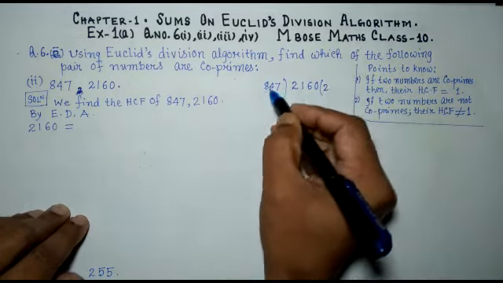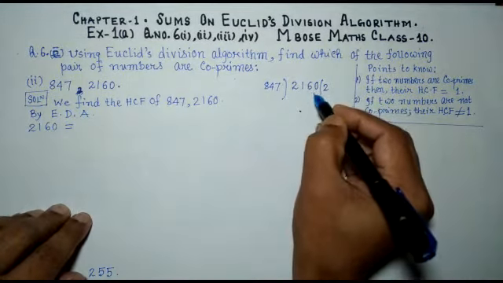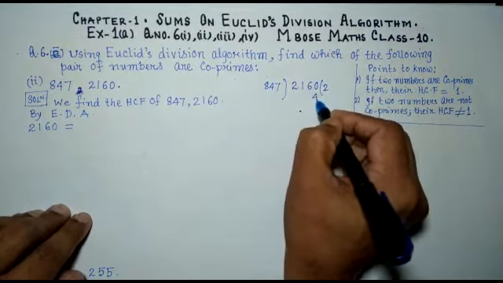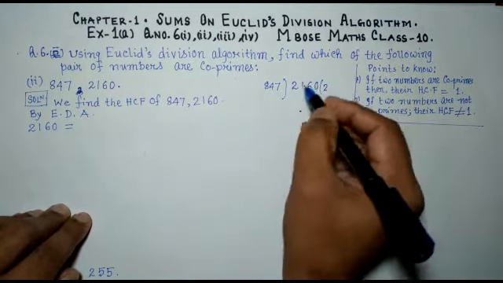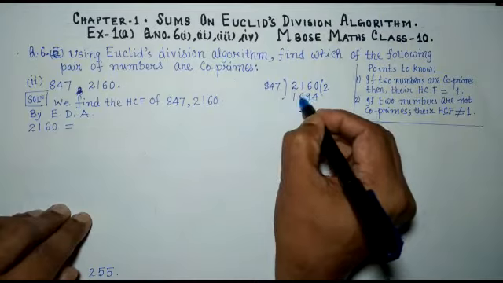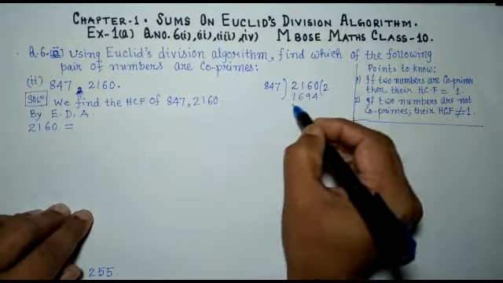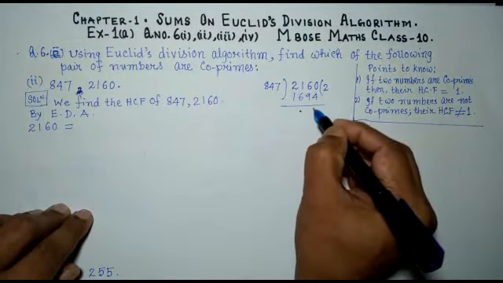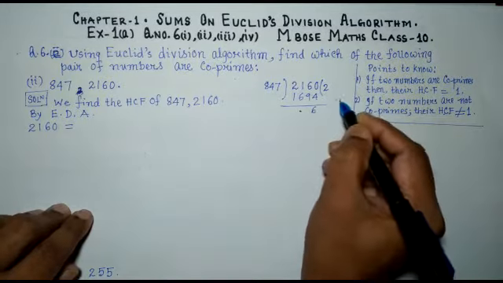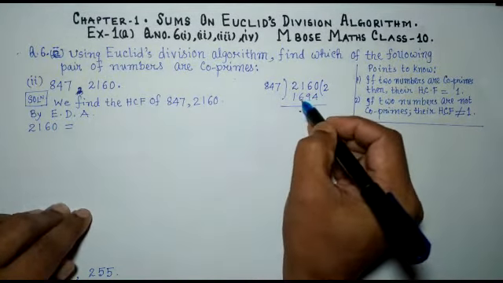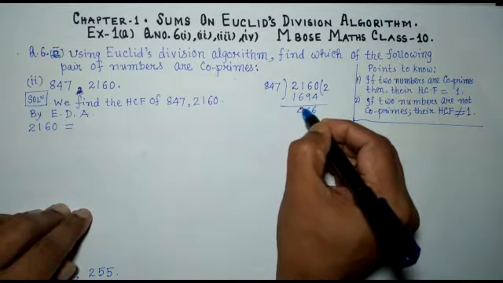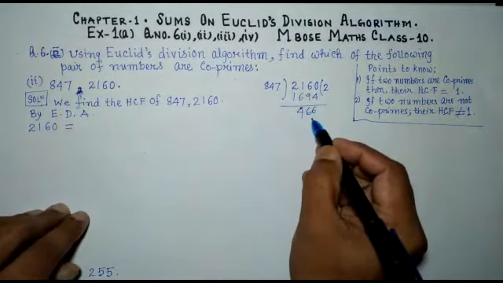So 2 times 847: 2 sevens are 14, carry 1, 2 fours are 8 plus 1 is 9, then 2 eights are 16. So we get 1694. Subtracting, we get 466, the remainder.